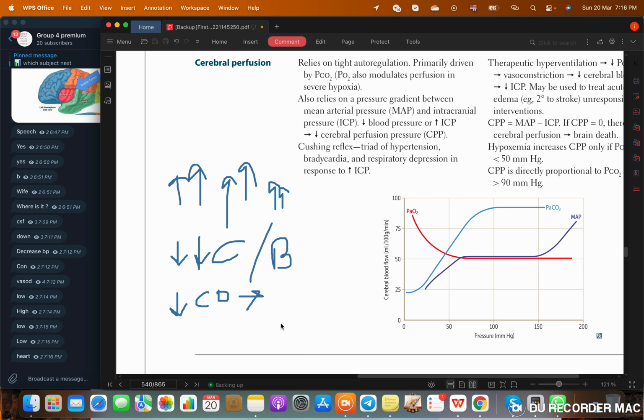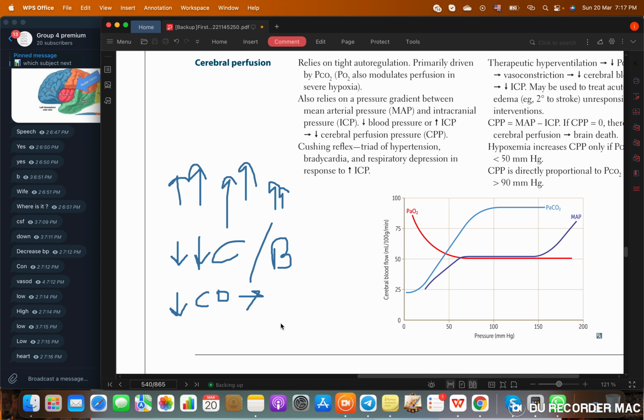When they sense a low amount of blood coming to them, they send info about this to the solitary nucleus inside of the brain, and that is going to lead to vasoconstriction.